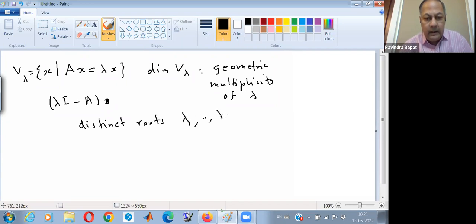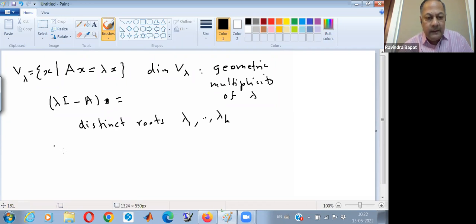Suppose lambda 1 to lambda k, and the roots will have multiplicities in the usual sense. That means if you factor it, and so sorry, I have to take the determinant. Sometimes I talk about lambda I minus A, sometimes I talk about A minus lambda I. So it depends.